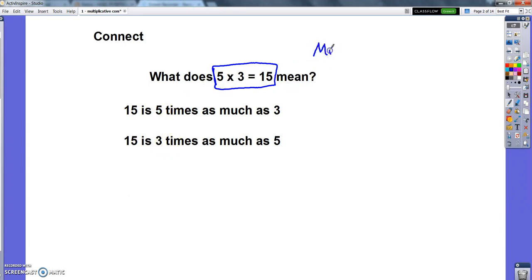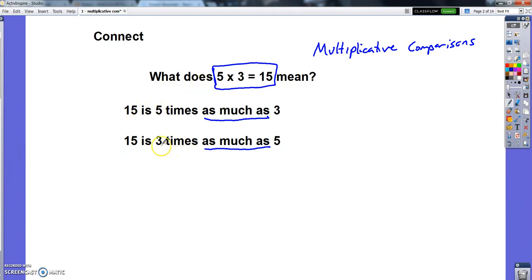So this topic for today, multiplicative comparisons. "As much as" is what indicates a comparison to me. Remember, with comparison, a lot of times we're talking about more or less or as many as, things like that.